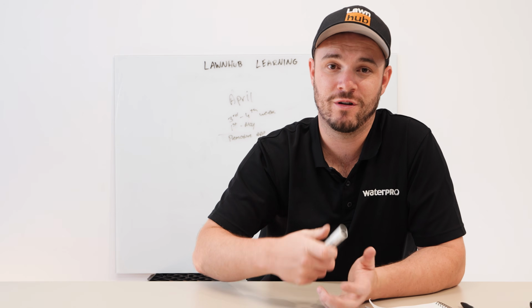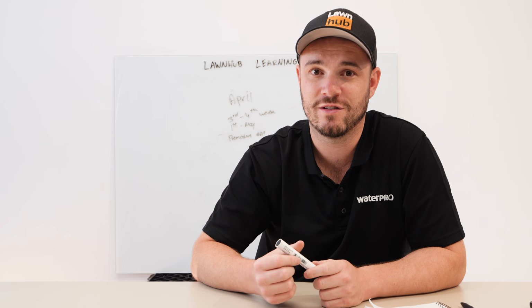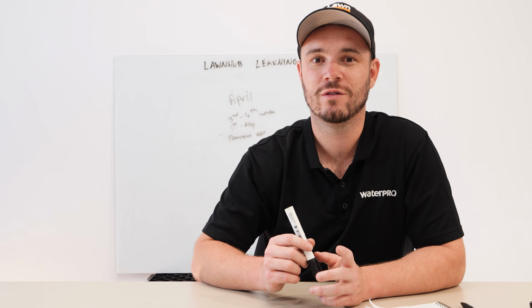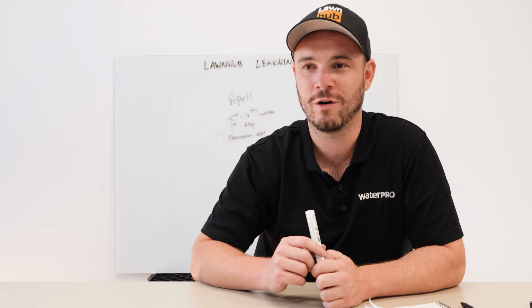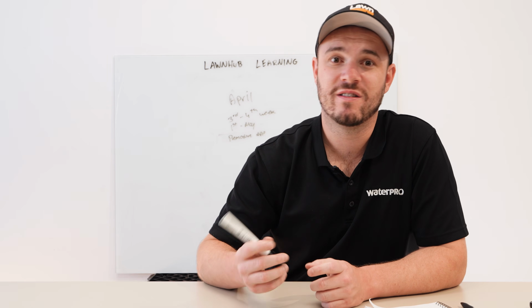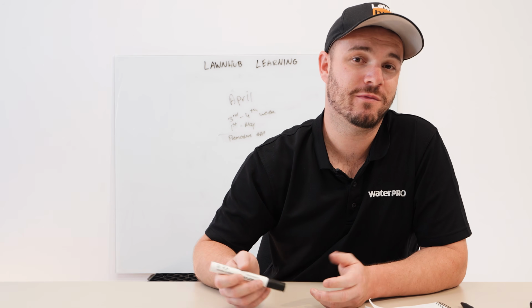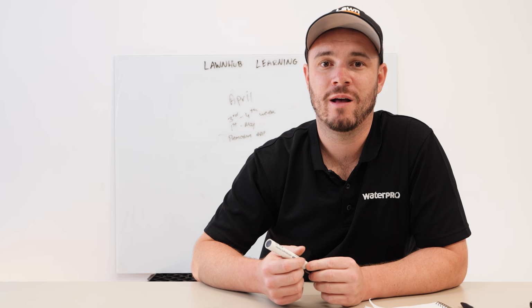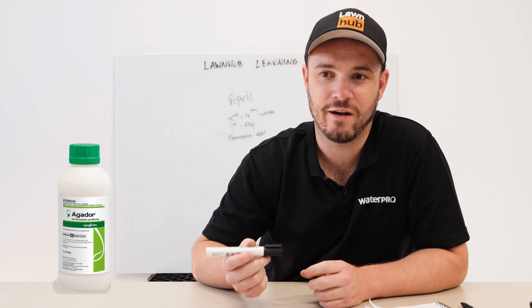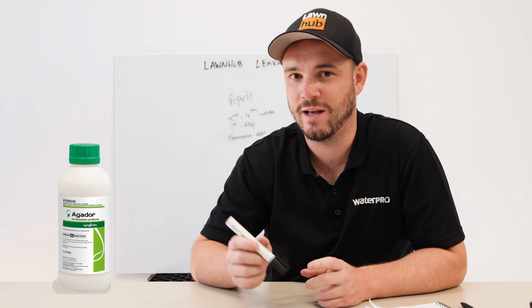And essentially the lawn really stresses out and suffers, and you can lose large portions of your lawn to couch mite as well. If that's something that you come across in October, then in September you want to apply a preventative, or at the first sign of them, get something like Agador, which is ivermectin, down.